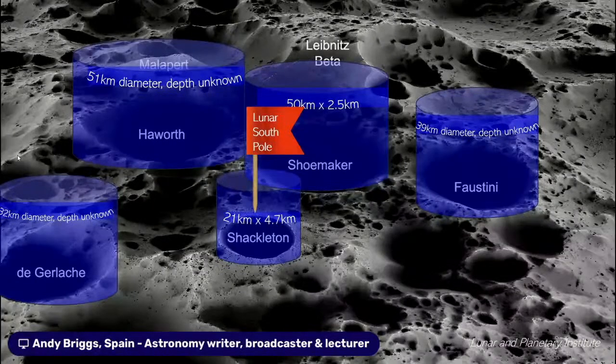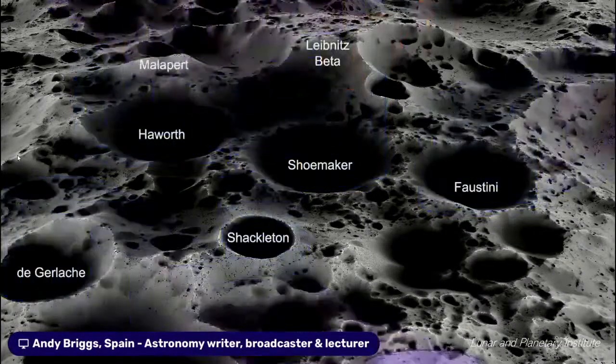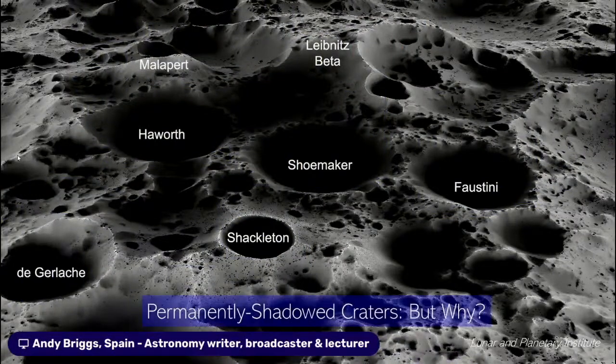So you've got some pretty wide craters here, and some very deep ones. You can see the ridges between the craters, making the whole landscape look really mountainous and big. Interestingly, a lot of these craters are in permanent shadow. The sunlight never penetrates them, never illuminates them.